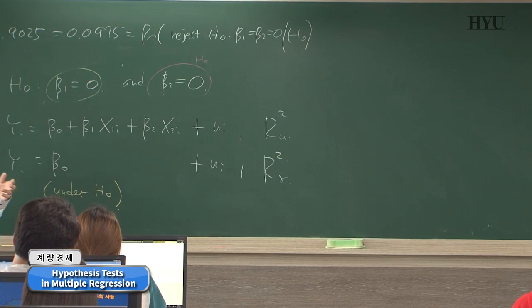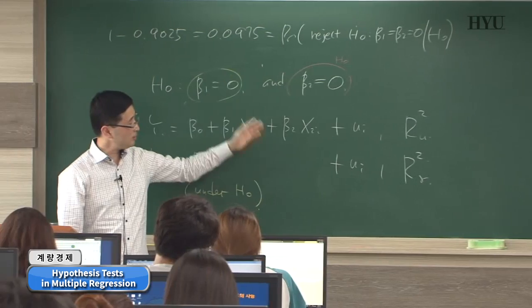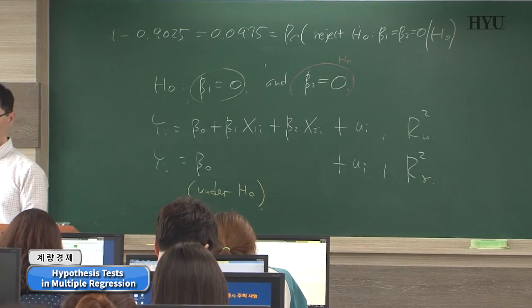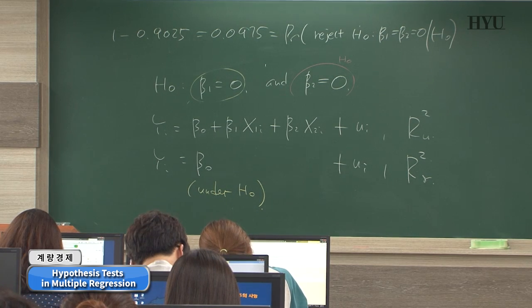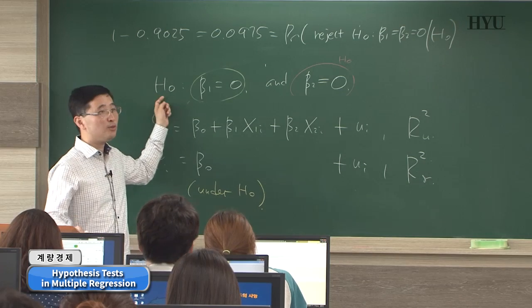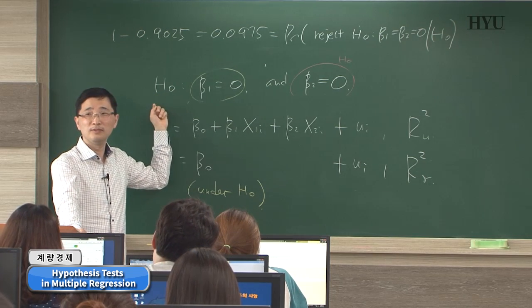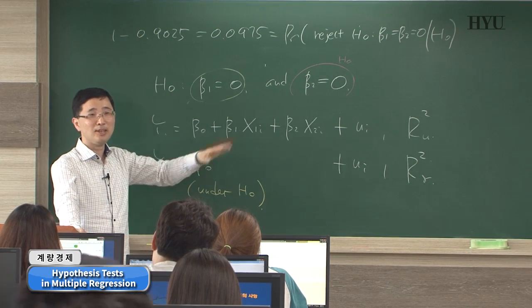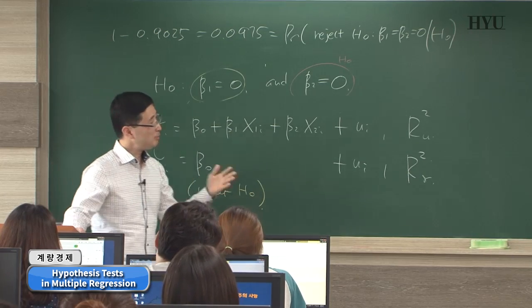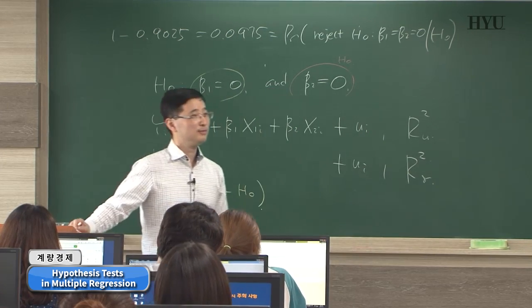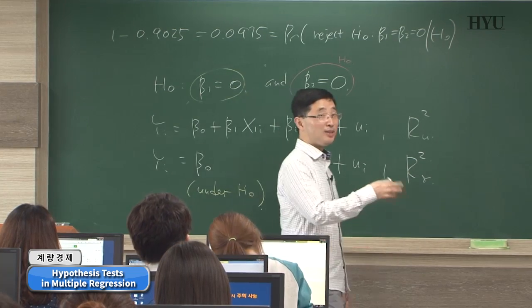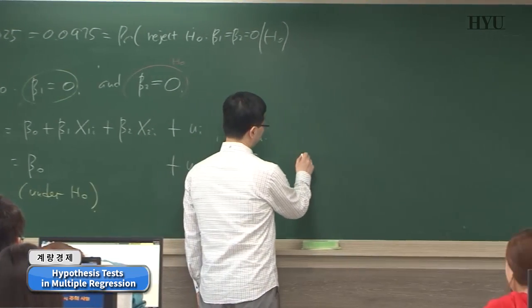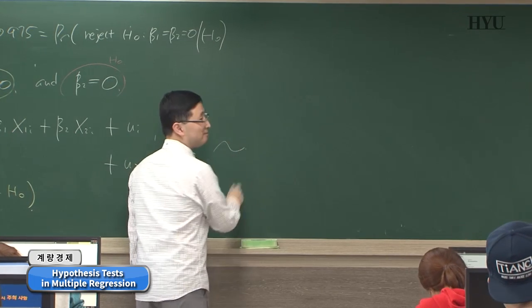Restriction means you just impose the null hypothesis into the model. Just believe the null hypothesis very seriously and write the model as such. So suppose that this is really true. Okay? x1 useless, x2 useless. Do you expect much change in R squared? It can change, right? But not much. They just stay the same, almost.